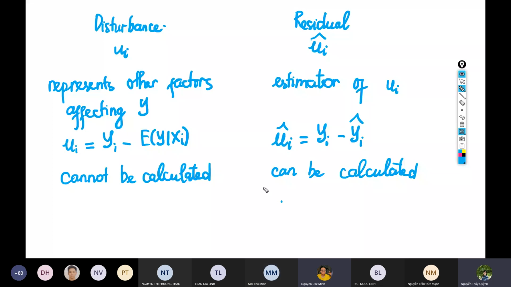Do you find any other difference, guys? Do you see any other difference that we do not mention here?